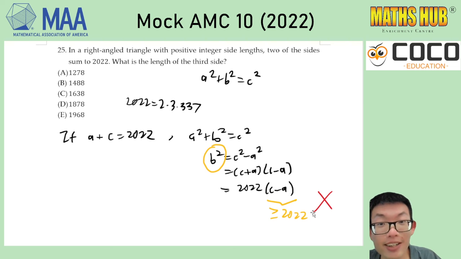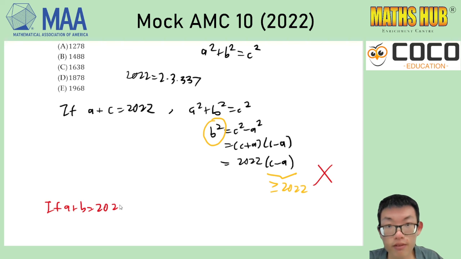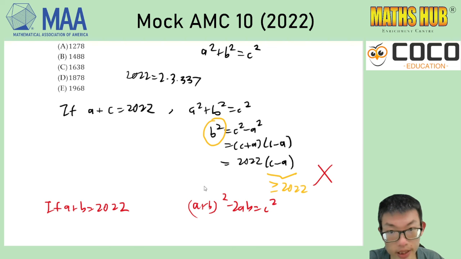So we can now get on to the a plus b. Now, this one's a little bit more tricky. It's a bit more tricky because it isn't so obvious what to do, right? If you were to try something like a plus b squared minus 2ab equals c squared, that is an entirely reasonable idea.